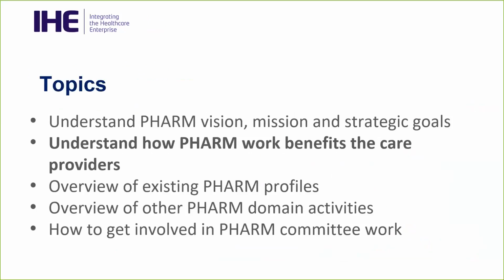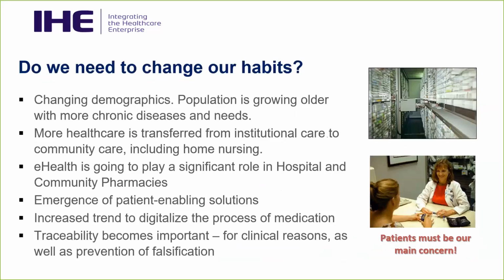Now, let's see what our pharmacy work can do for the care providers and the institutions. What we see generally everywhere in Europe, probably as well in Asia as in the United States, is that the population is growing older. And that, as a result, more medication is being used by this population.